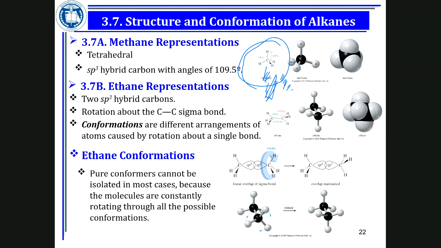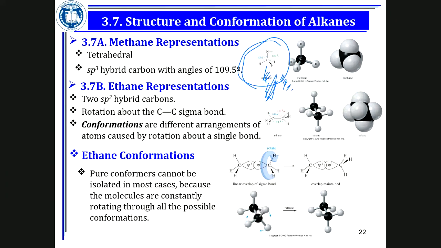So when we are rotating this, we are not changing the orbital overlap. We are not changing hybridization. We are only rotating around the carbon-carbon single bond, and we hold the molecule in a way that the carbon-carbon line passes through our view, so that one carbon is hidden behind another carbon.